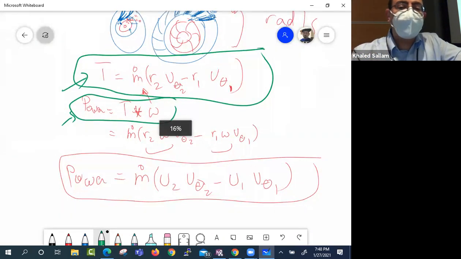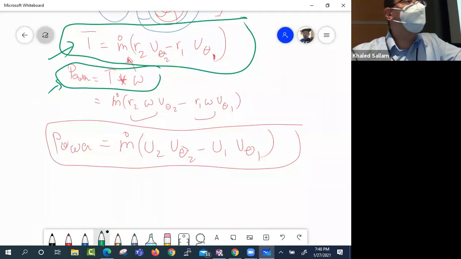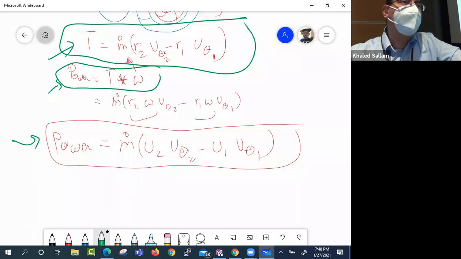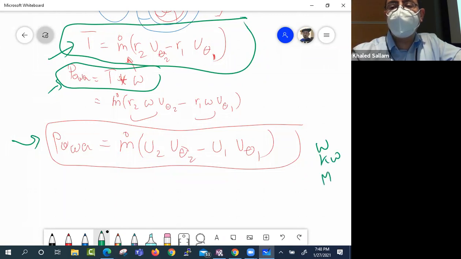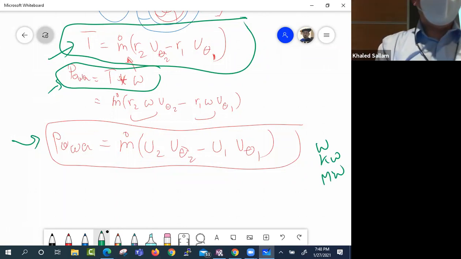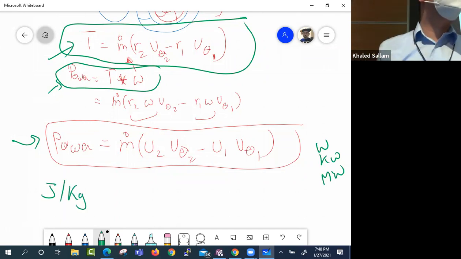But since we have open book, I changed my mind when I became a professor. No, this equation is good. Why? Because sometimes he does not ask for the power. Again, the unit of this would be watt or kilowatt or megawatt. Sometimes he shows you an impeller with the angle and everything, and he tells you, how many joule per kilogram does this turbine extract? What is the unit of the torque? Newton meter.